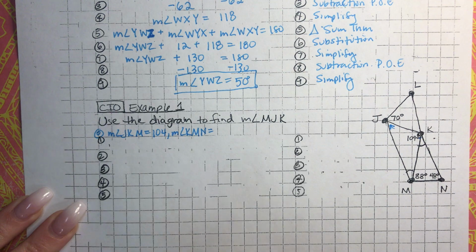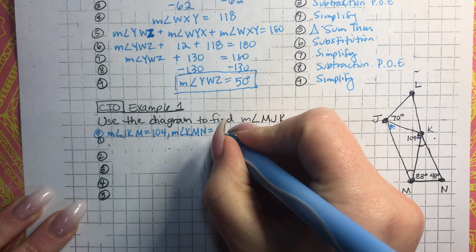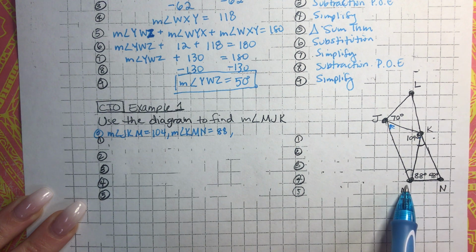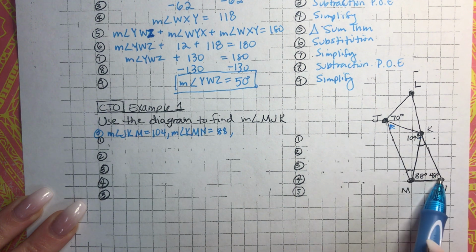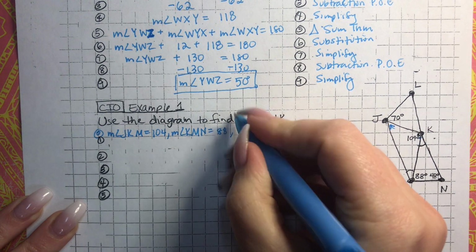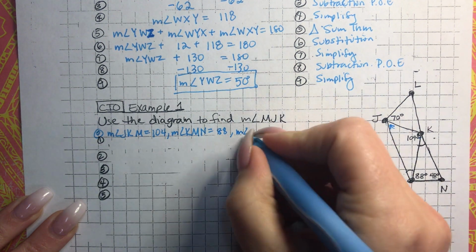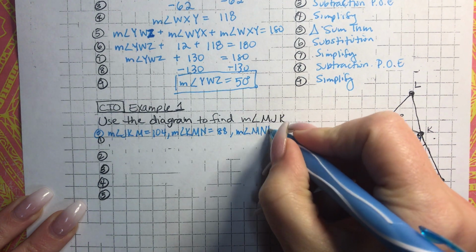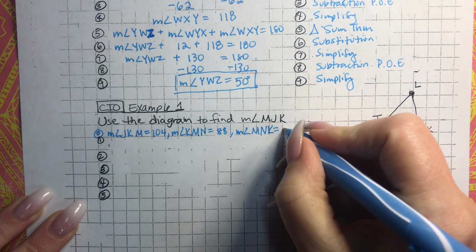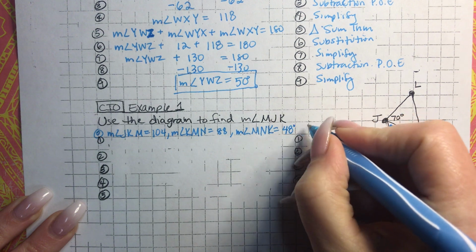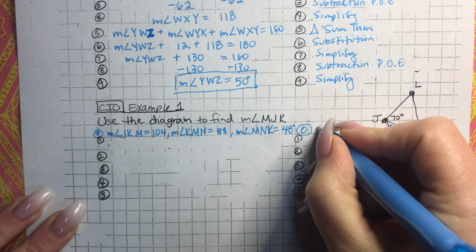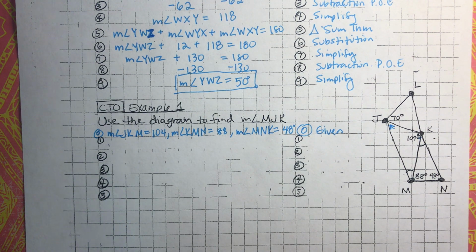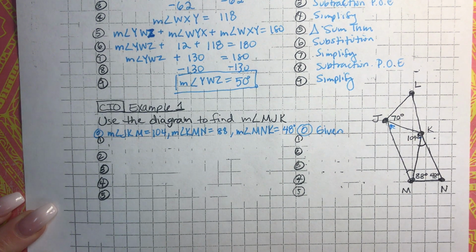KMN is equal to 88 degrees. And then we have MNK, this one here. MNK is equal to 48 degrees. And that is all given. Perfect.